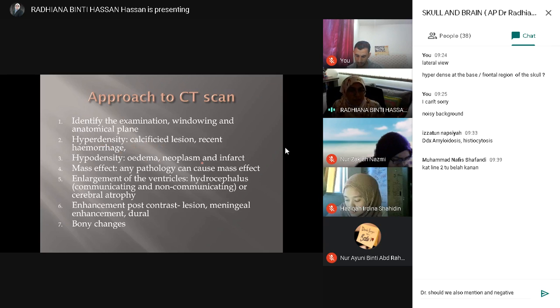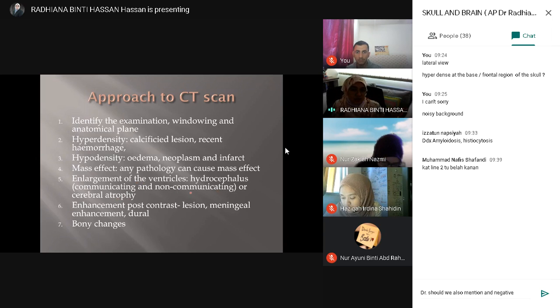Hypodensity can be caused by edema, neoplasm or infarction. Okay, so if there is any lesion, see the mass effect of that lesion on the brain parenchyma. And then look for any enlargement of the ventricles. So hydrocephalus, and then if there is hydrocephalus, you have to determine whether it is communicating or non-communicating hydrocephalus.